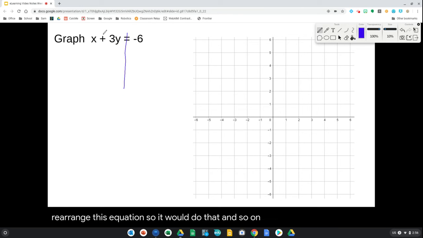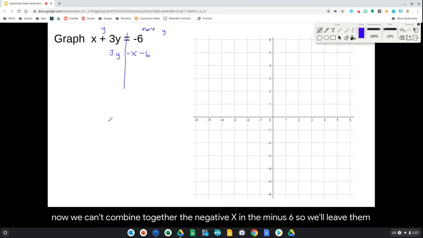On one side of this equation, we put everything that was a y, and on the other side, we put everything that was not a y. We'll move the x, leave the 3y where it's at, and leave the -6 where it's at. Now, we can't combine the -x and the -6, so we'll leave them separate like that.